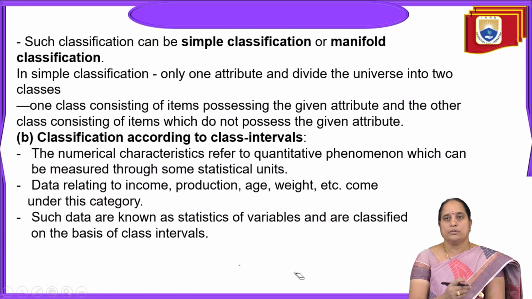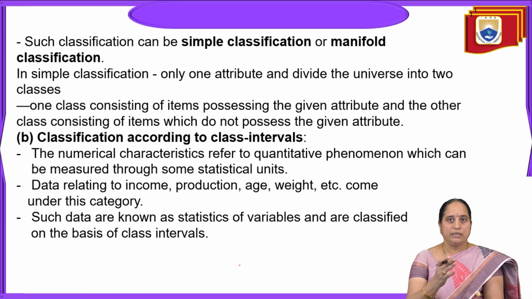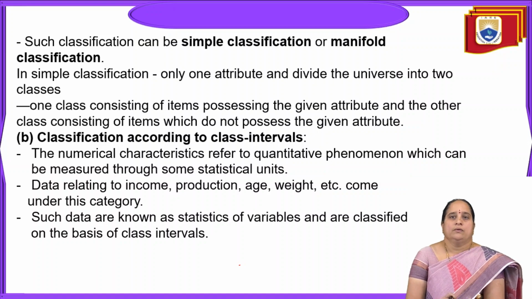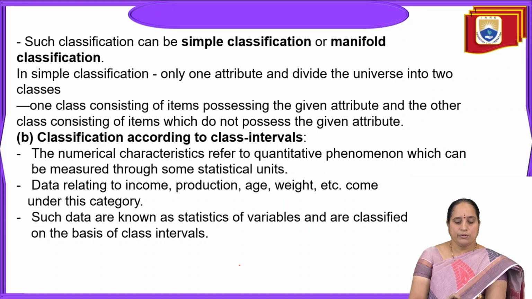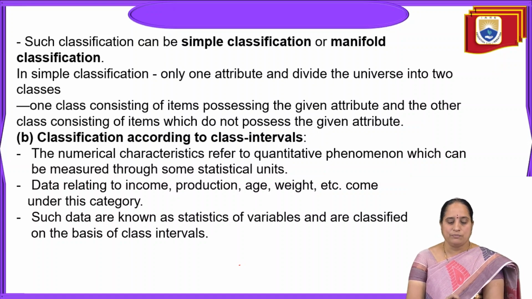Even if you are talking about the shift system, how many shifts are you going to classify? First, second, third, like that. And the second classification is classification according to class intervals. Whenever we are talking about class intervals, which possess numerical characteristics, that means we are able to quantify the data.